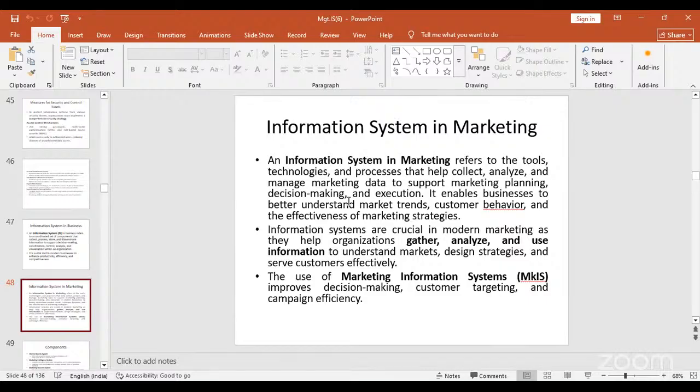When you search a product once, twice, thrice in Google or in Amazon or in Flipkart, when you open it again, it will show you such type of data automatically. So that improves the campaign efficiency.